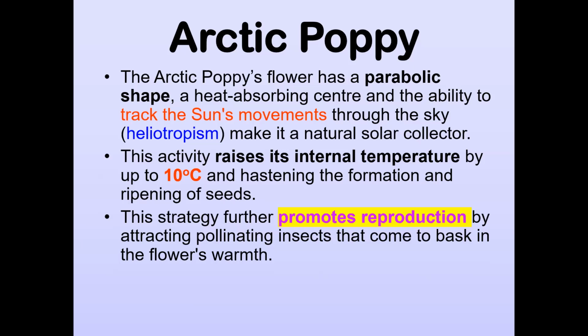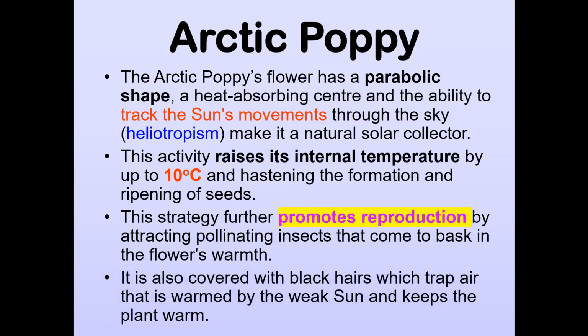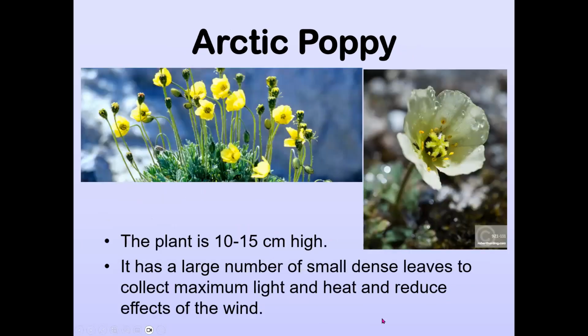So they warm up, but in doing that, they're actually pollinating the flowers. That is an adaptation. And these black hairs, which trap the air, and also they have that on the inside, keep the plant warm to some degree.